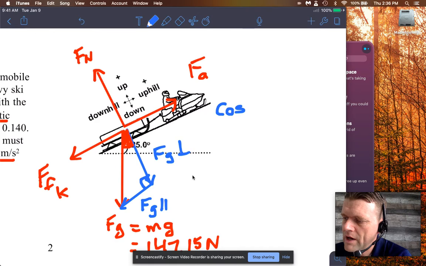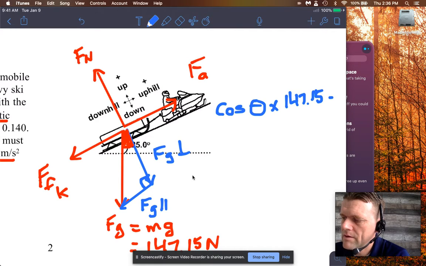So the cosine of 25 degrees multiplied by the hypotenuse will give me the adjacent value. So our shortcut, if you remember, this would be the cosine of 25 degrees times the hypotenuse. Okay, now I didn't show all that here, but I'll give you another number. This one should be 133.36.